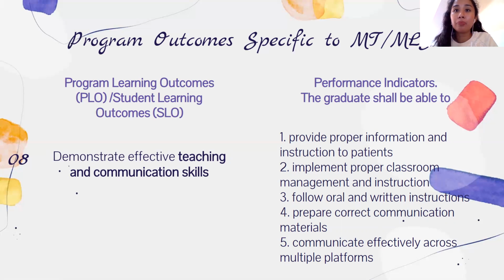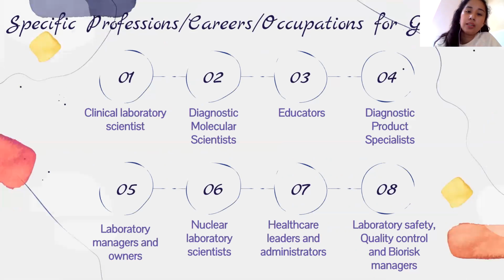Implement proper classroom management instruction, follow oral and written instructions. Hopefully you're going to be used to communicating through email, ganyan, since that's the new norm, through messenger, communicate effectively across multiple platforms. So those are your 8 PLO.